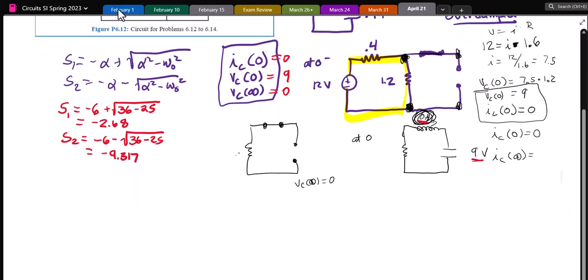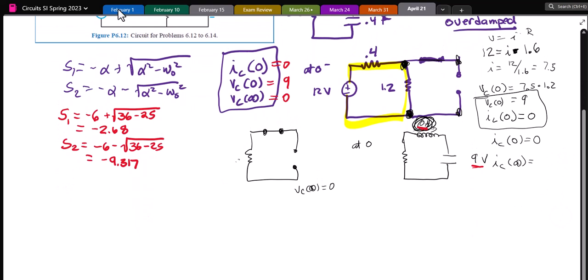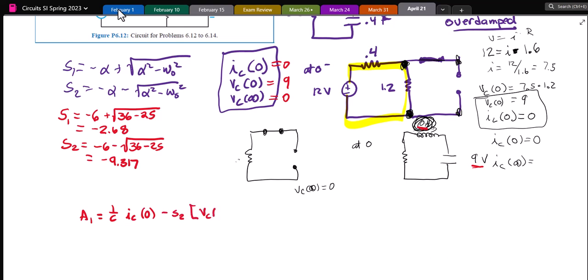And then from our solutions, we have that A1 equals 1 over C, IC of 0 minus S2 VC of 0 minus VC at infinity, over S1 minus S2.